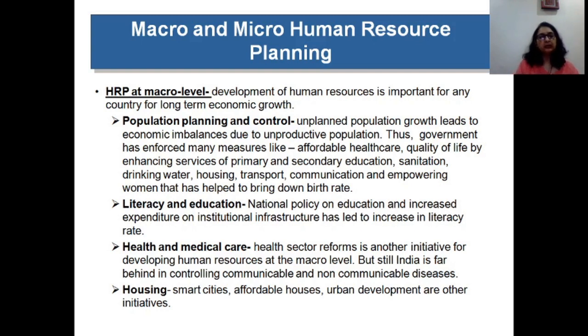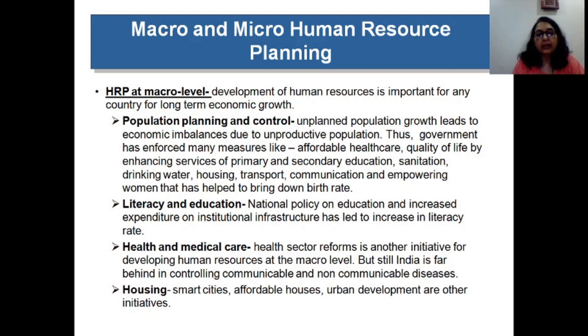Then the second improvement that can be brought about is through literacy and education. India has a national policy on education, and it is also increasing its expenditure on institutional infrastructure, which has led to growth in the literacy rate.